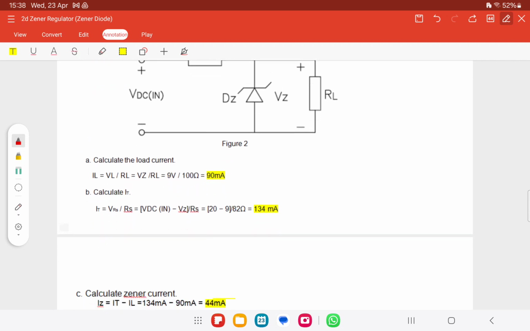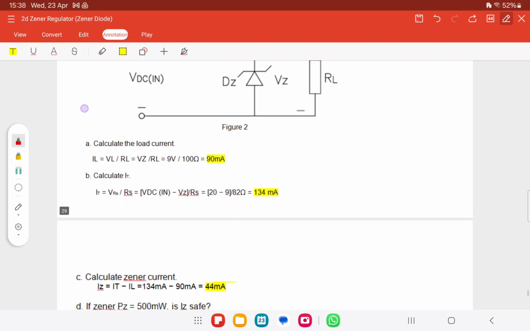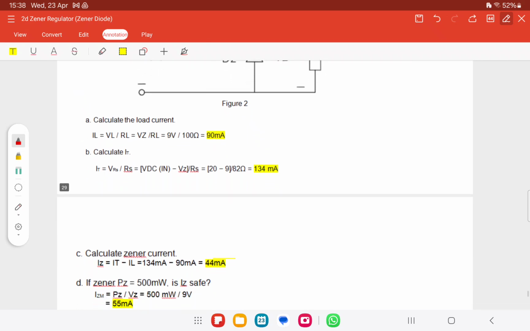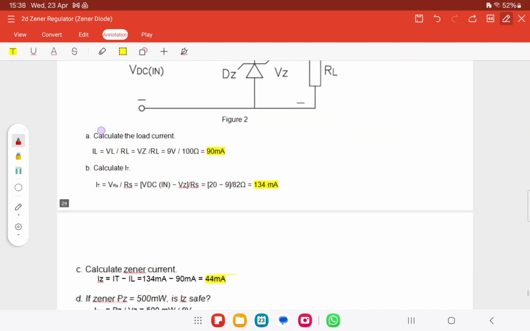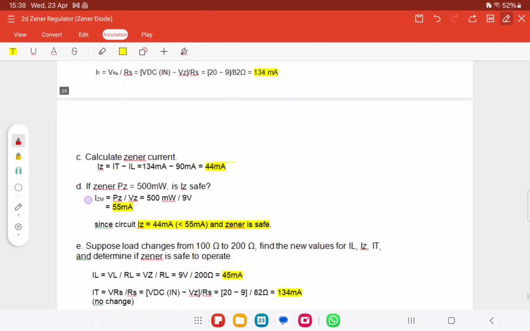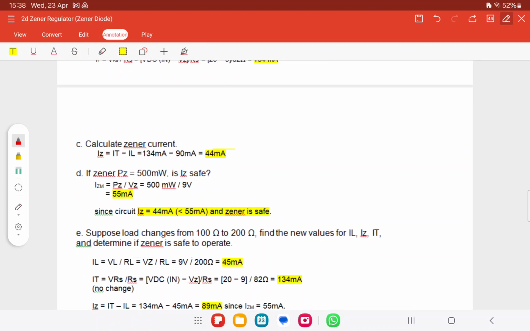So dia boleh tanya like this. Find for the IL, load current is the IL, and then the IT is the IR, value at the resistor tu. And then you need to relate with the IZ. So this one you need to use the KCL.